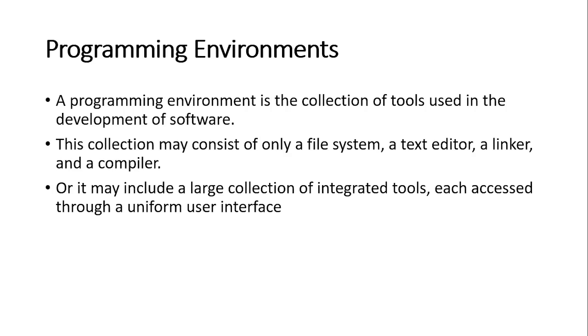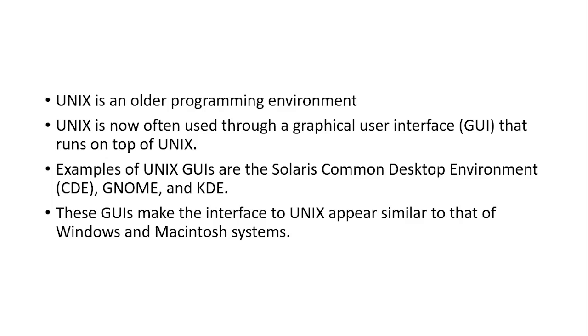Let's look at different programming environments. For example, Unix. Unix is an older programming environment that was first distributed in the middle of the 1970s, built around a portable multiprogramming operating system.